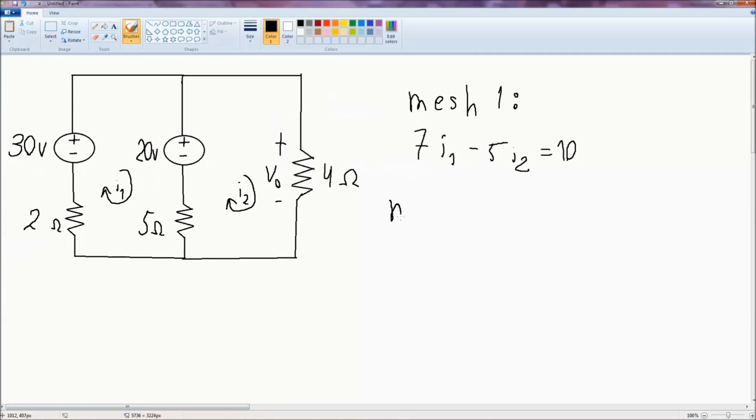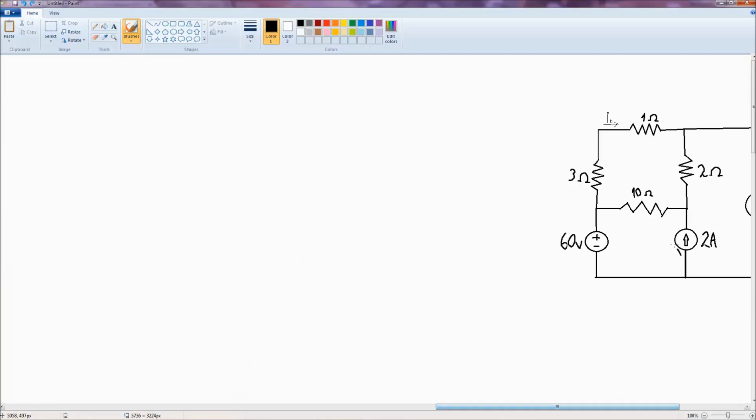Now let's put down the equation for mesh 2. And how we do it is pretty much the same way as we did in the first case, and basically things always happen like this, unless you have a current source in the middle, which we will consider later.